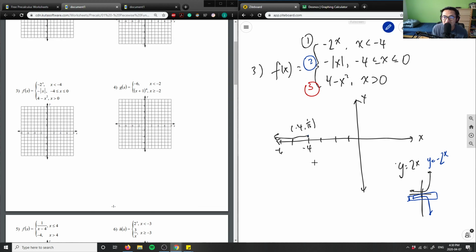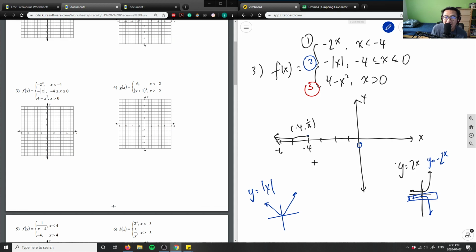So this is negative the absolute value function of x if x is between -4 and 0. So now I have a new piece. If you recall from our previous video, I'm doing a little aside here. If y equals the absolute value of x, I'm sketching this graph, it would look something like a V shape, right?